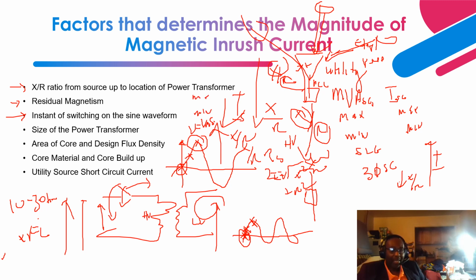So that explains why the magnitude of our magnetic inrush current is very dependent on the instant of switching of the sinusoidal waveform, the instant that we switch the circuit breaker on. Then our next factor is the size of the power transformer.